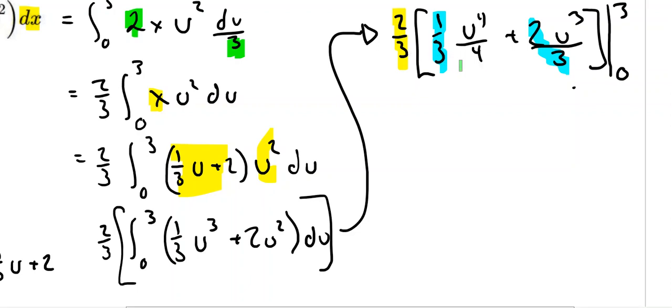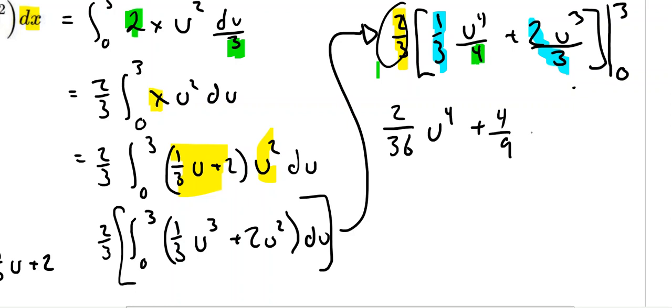We're going to multiply all these together in the denominator. So we have 2 over 36, which is 1 over 18. Let me just write it as 2 over 36 u to the 4th plus now the 2/3 times this 2/3 would be 4/9 u cubed, all evaluated from 0 to 3.